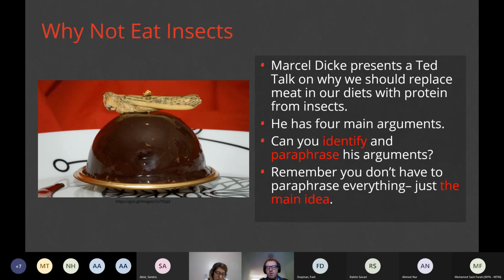What I want you to do is identify and paraphrase the arguments. Remember, you don't have to paraphrase everything, just the main idea. Is everybody happy with that task?